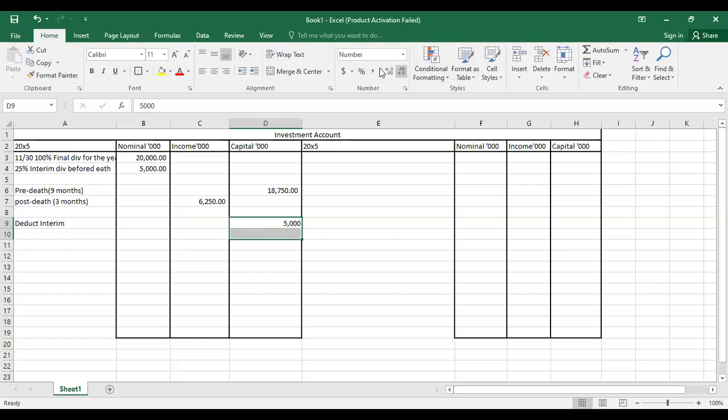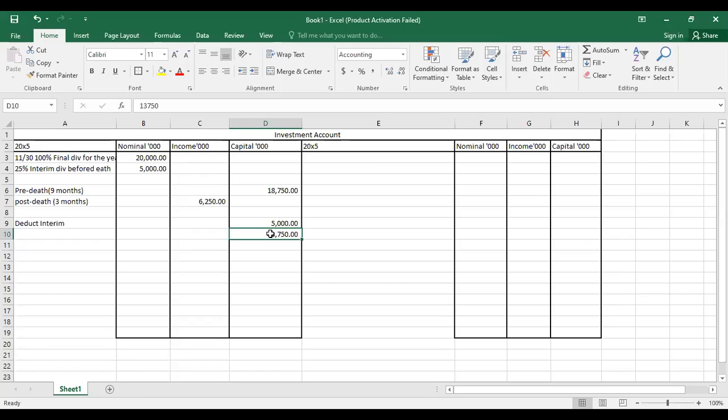What figures are we transferring? 13,750. So that is the figure that will be taken to the account. Any question?